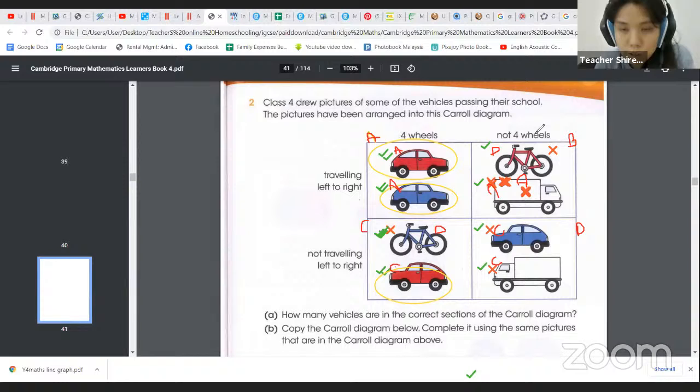No four wheels, and left to right. None. Okay, so B has no answer. Understand? Okay, please draw it now. After you draw it, show it to me.